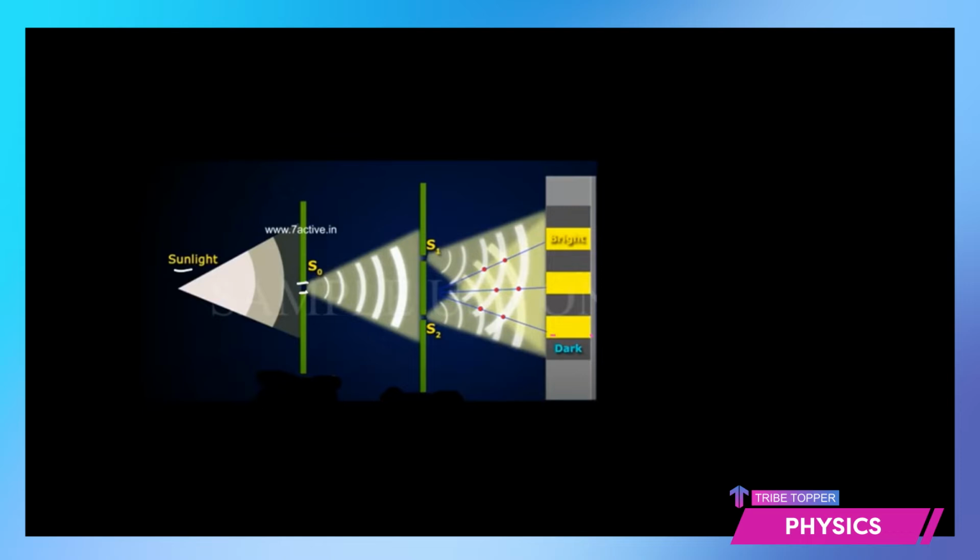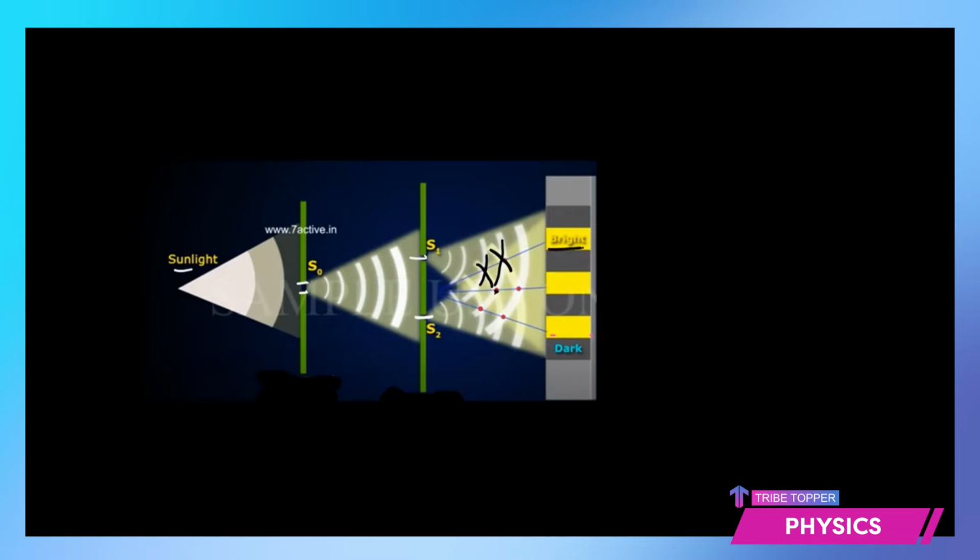But now if these waves pass through two slits, S1 and S2, the two diffracted waves will interfere with each other. Where the crest falls over the crest, along all these lines, there is constructive interference and you get the bright spots.